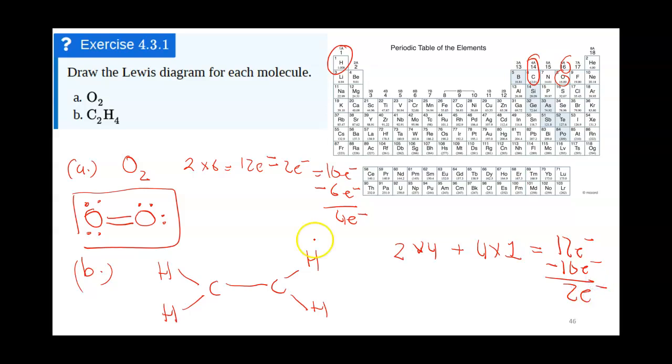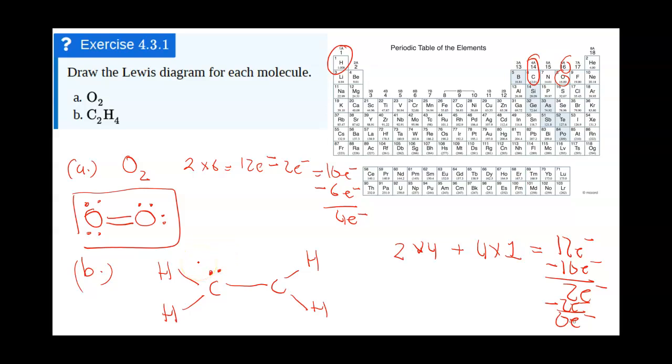Now normally we would complete the octets on our outer atoms before placing any electrons on our central atom. However, in this case, hydrogens already have a duet, so we can skip that step and we place the last 2 electrons, leaving us with none left, on our central carbon there.